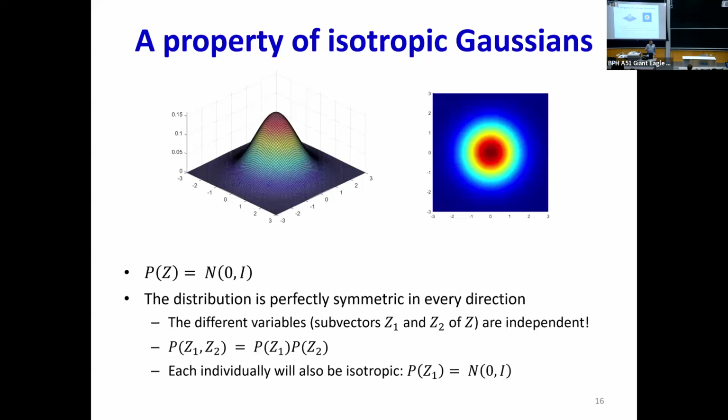Second, the various dimensions are independent of one another, so the joint distribution of z1 and z2 is going to be the product of the distributions of z1 and z2, p of z1 times p of z2. And for each of these z's, the individual marginal distribution is also going to be a standard Gaussian.